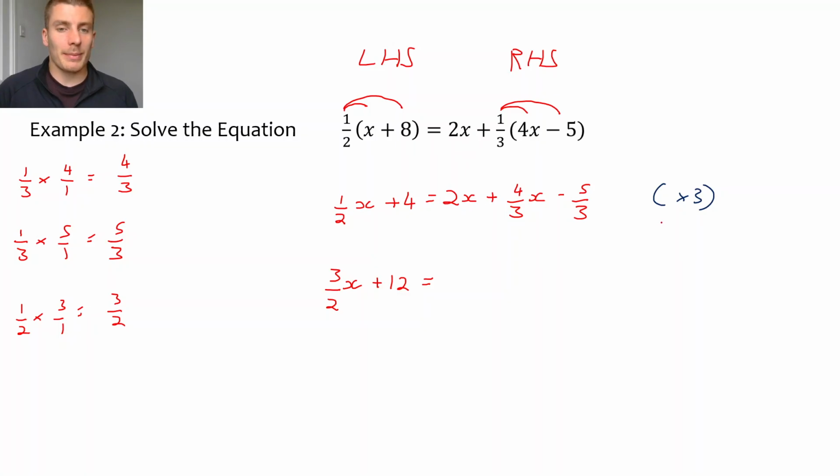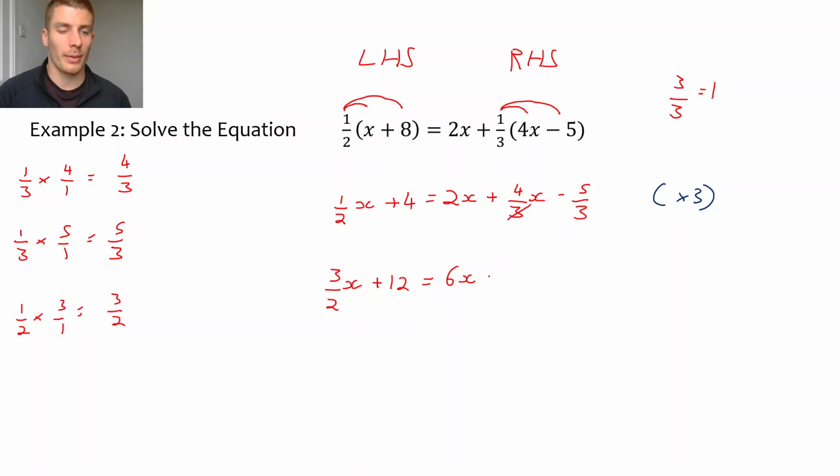I've then got 2x timesing it by 3, which of course gives you 6x. I've then got 4/3 x times by 3. And this is the whole point here, because if you had something being divided by 3 and you times it by 3, it just goes to 1. They cancel out effectively. So this 3 will cancel with this 3, and you're left over with just a 4x on the top.